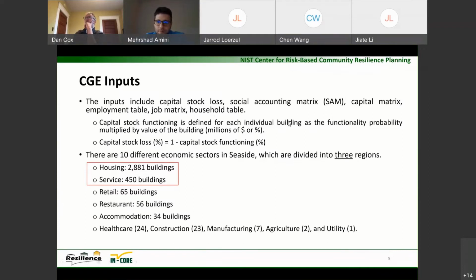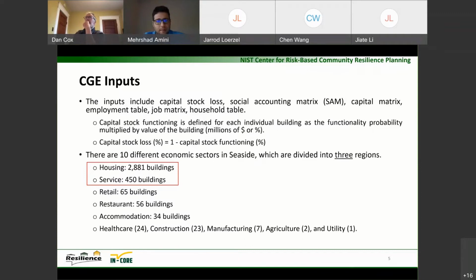Just to get everyone on the same page, capital stock functioning is defined for each individual building as the functionality probability multiplied by the value of the building, which can be in terms of dollars or percentage. And the functionality probability comes from the damage model and the Monte Carlo simulation from INCORE.